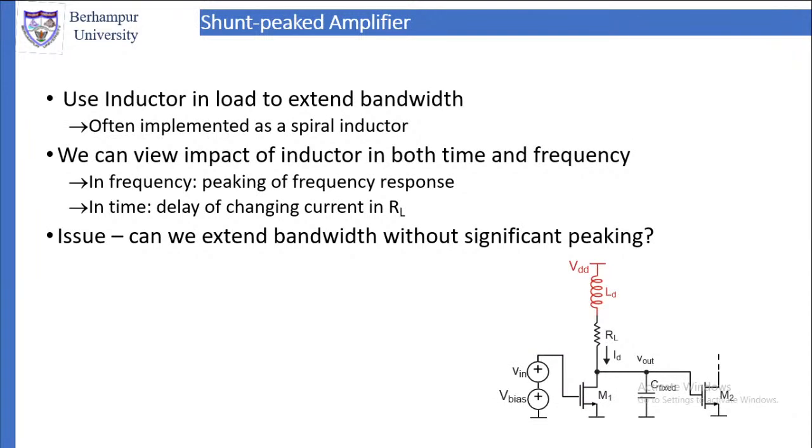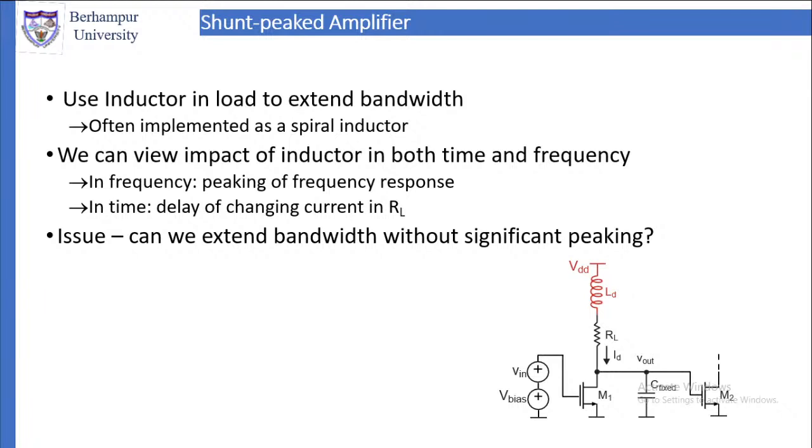Then there is another method which many people do not like. This is called the shunt-peaked amplifier. In the shunt-peaked amplifier, an inductor is used. People do not like this because of the inductor. An inductor is very bulky, its size is large. It is like a spring, so the size is large. So the inductor is used to extend the bandwidth.